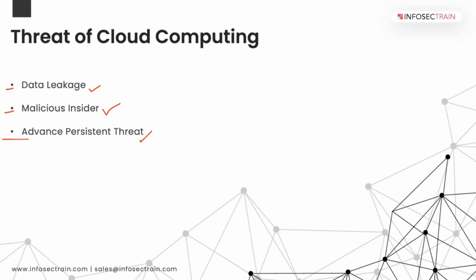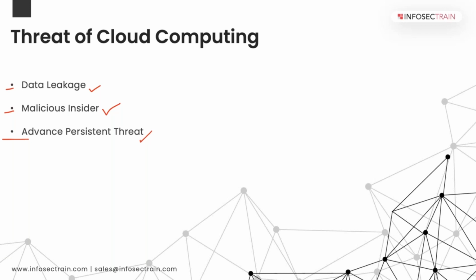Second is the malicious insider. One is the insider threat in common security: a person who is working for you, who already has a username and password of yours, can go ahead and try to leak the data, or let's say they get greedy and start selling your data.